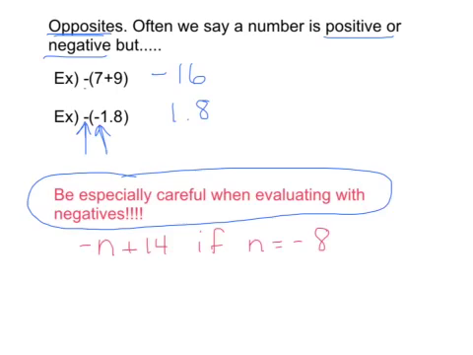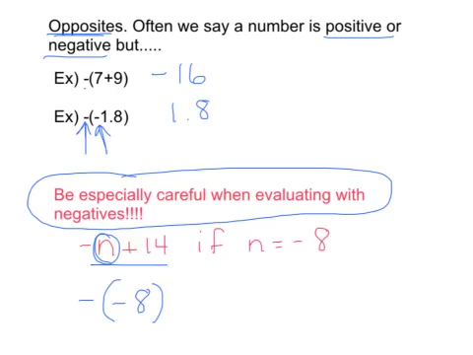All right, so we want to be careful, though, when we evaluate equations and expressions with negatives. Here's an example. I give you an expression negative n plus 14 if n equals negative 8. Anytime you plug in values into an expression, you really should put them in parentheses. In this case, it's even more important because that negative 8 has to go in just for the n, because it's telling me just n, not negative n. N is negative 8.